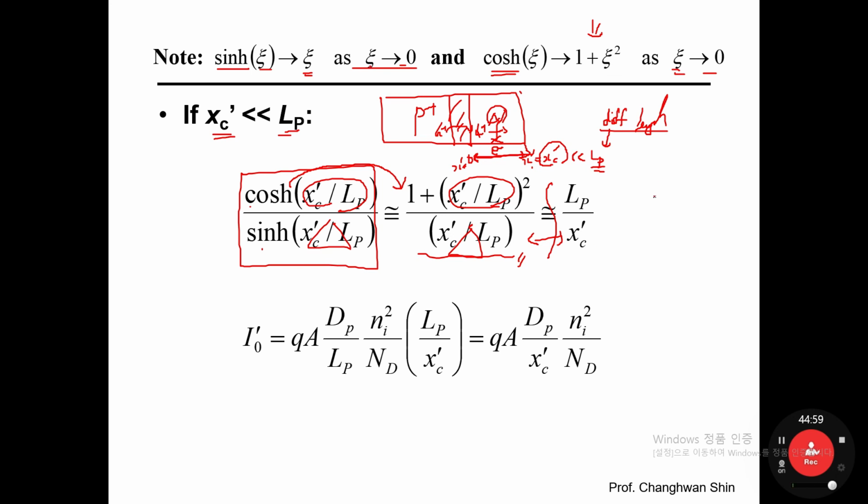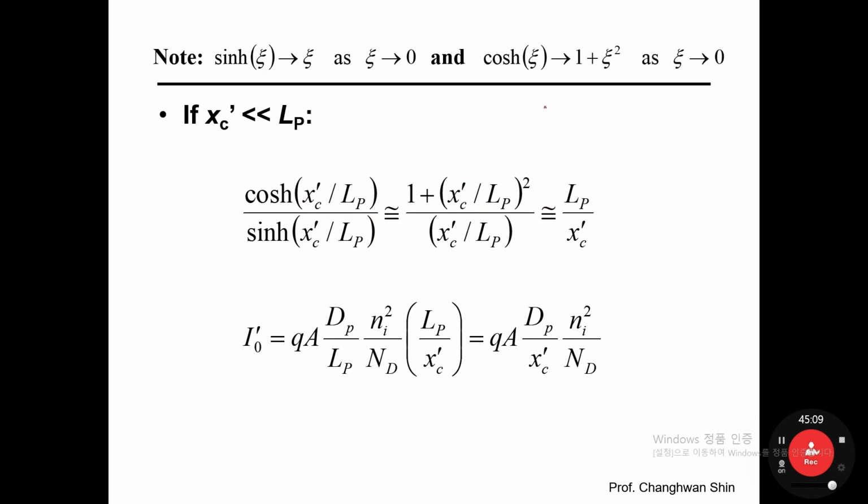let's do this. Multiplying Lp on both sides. Here times Lp, and here times Lp. Then Xc prime squared divided by Lp.